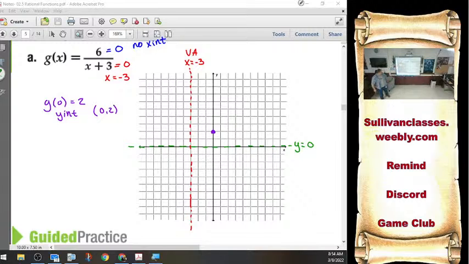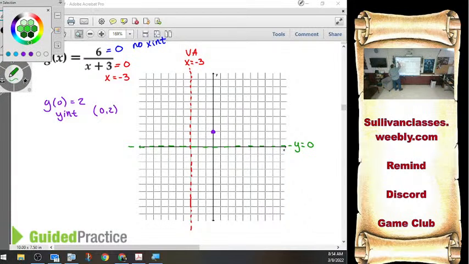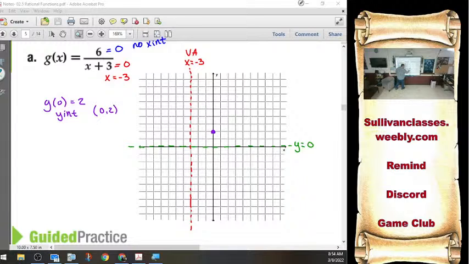Now, here's another fun part about these. They like symmetry. They really like symmetry. From this crosshairs, we kind of talked about this when we were graphing them in chapter 1. See how from here I went 3, 2? 6 divided by 3 is 2. Dump this in your calculator. Find some other points.